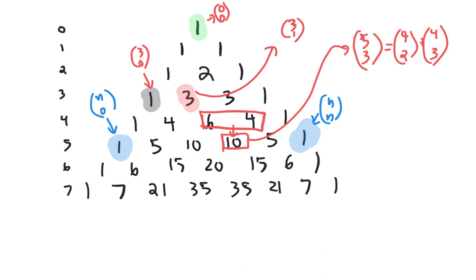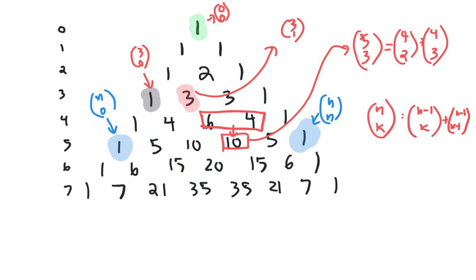But in general, what's going on here? Because position isn't important, if we have n choose k, that's the entry that we're getting by adding the 2 above. The 2 above that we're adding are n minus 1 choose k, and n minus 1 choose k minus 1.